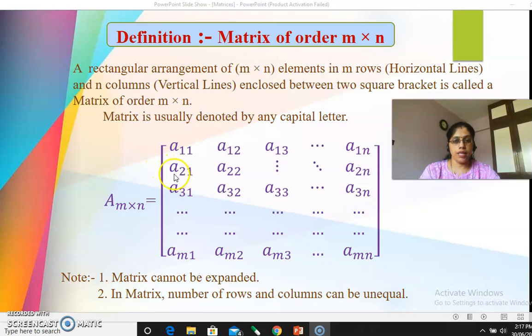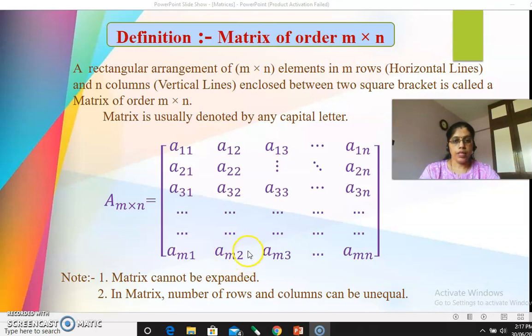The element is at second row, first column, then second row, second column, and so on. The last element is at the second row and the nth column. Let's go to the last row. This is your mth row, up to where we have to write m rows. So the mth row, first column, is denoted by Am1.